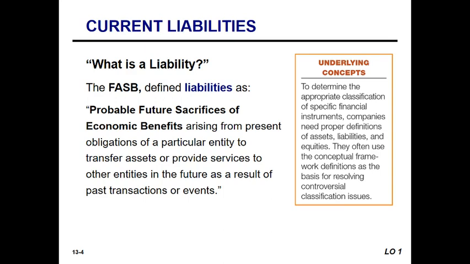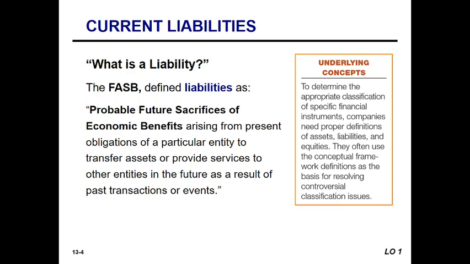So the underlying concept here is that we have to determine the appropriate classification of the various financial instruments. Financial instruments being things such as accounts payable, mortgages payable, all of those different types of things that we have to pay out. And the companies need the proper definition of assets, liabilities, and equities.